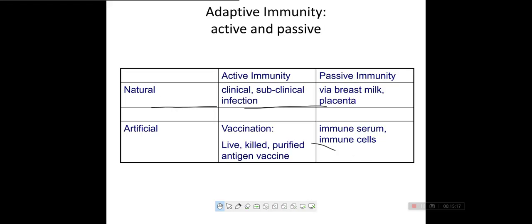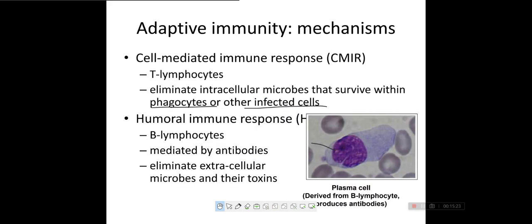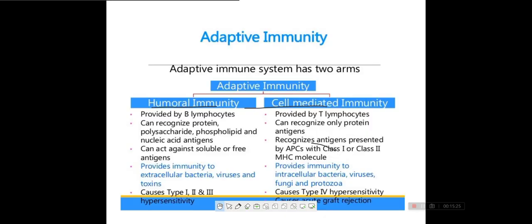Adaptive immunity, that is active and passive, I already told you. The adaptive immune system has two arms, that is humoral immunity and cell-mediated immunity. In the starting I told you wrong that humoral and cell-mediated immunity are controlled by B and T cells.